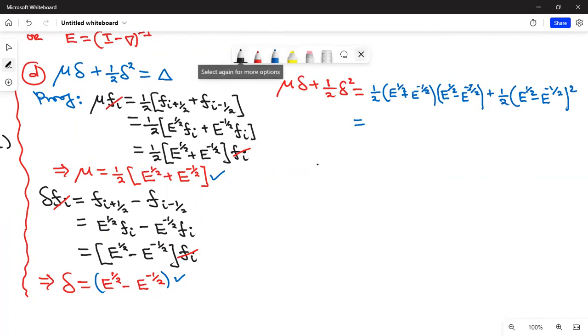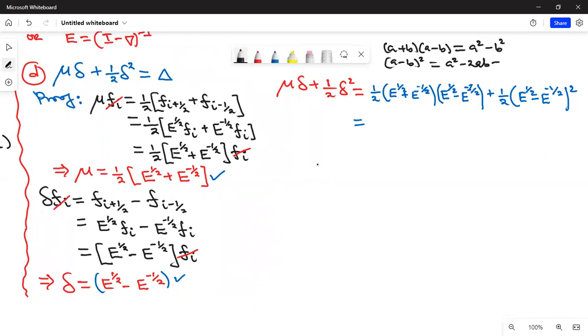I want us to take note that a plus b times a minus b is the same as a squared minus b squared. Also, you know that a minus b squared is the same as a squared minus 2ab plus b squared. So we use those binomial expansions to be able to work out the multiplication in those operators.